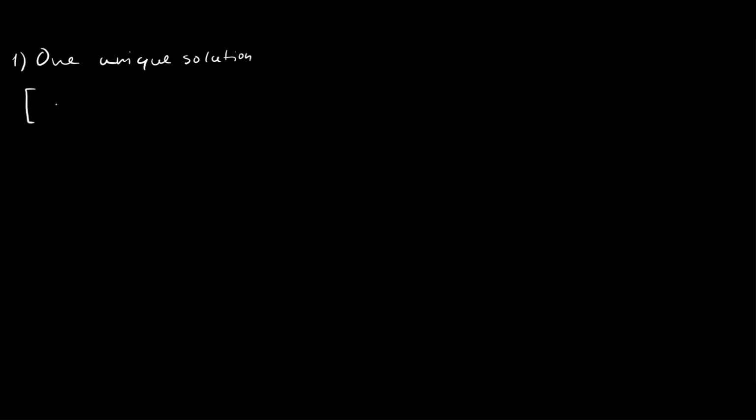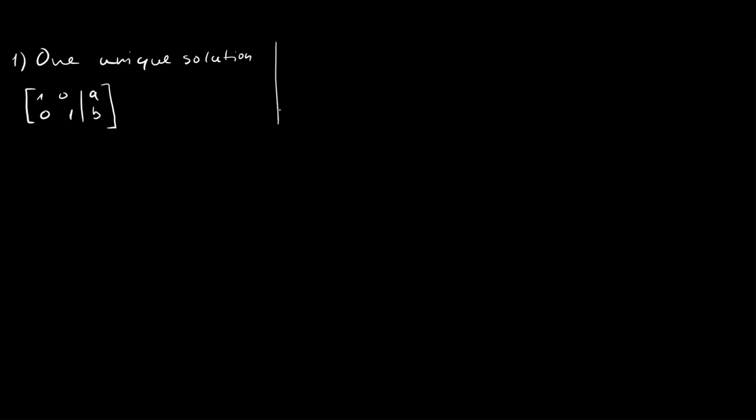And that happens when we get a matrix like this in an echelon form. As we can see, each line has a pivot number. Therefore, we have a solution for every variable.